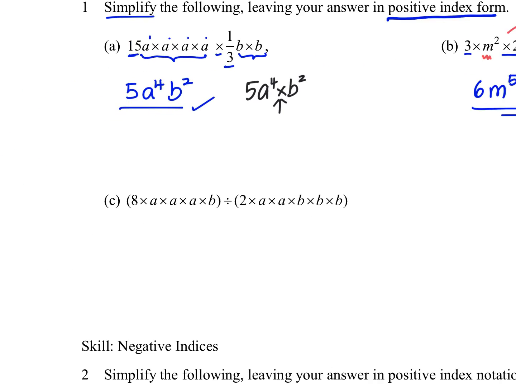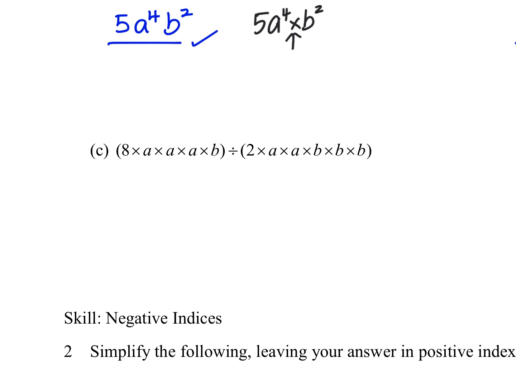Next question, how do we do division? When I have something like this, 8 a times a times a, b, divided by 2 a times a, b times b times b times b, what I usually do is convert it into a fraction first. So the numerator is still 8. Now let's try to simplify a little bit.